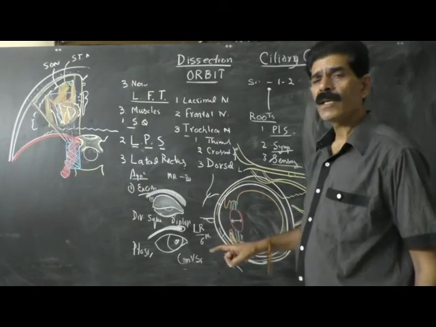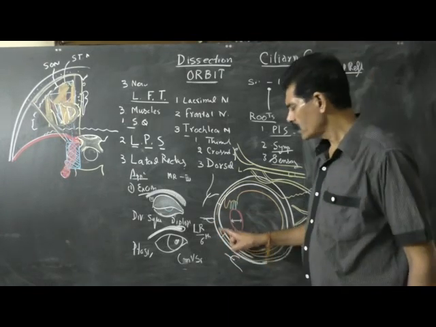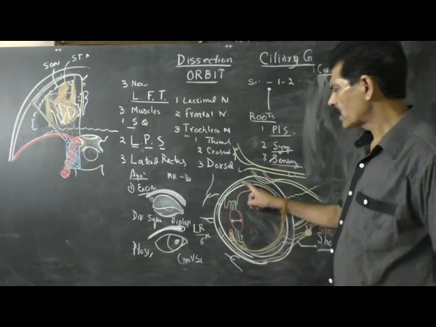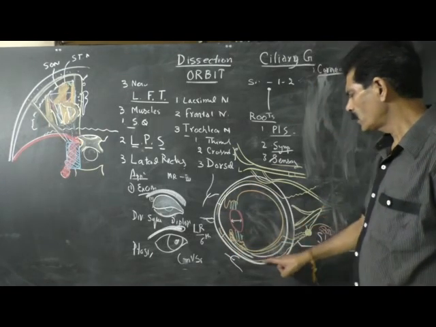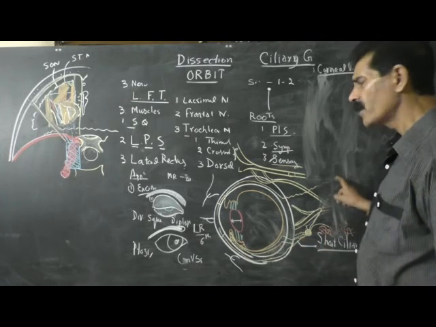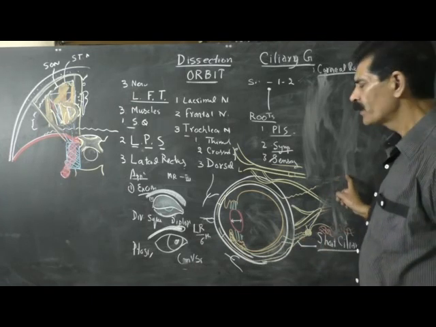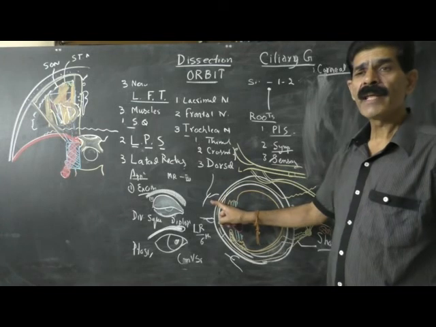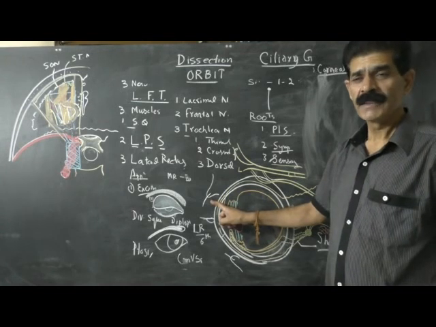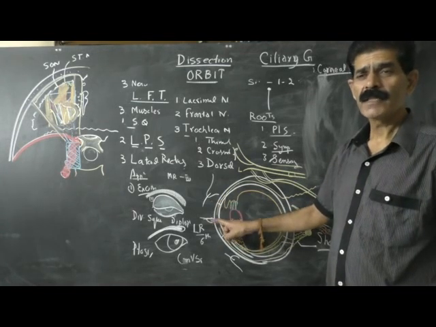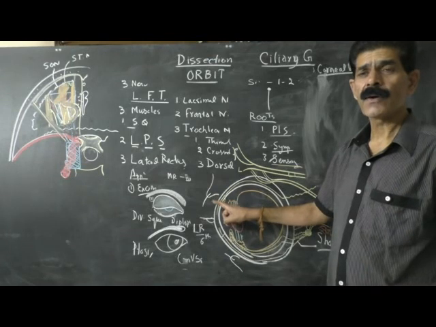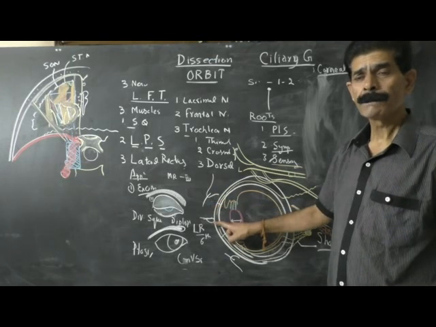As we touch the cornea, it is so sensitive because the sensory route goes through the ciliary ganglion to the ophthalmic division to the brain. There will be blinking of the eye. If by touching the cornea this blinking is there, it means the corneal reflex is okay.